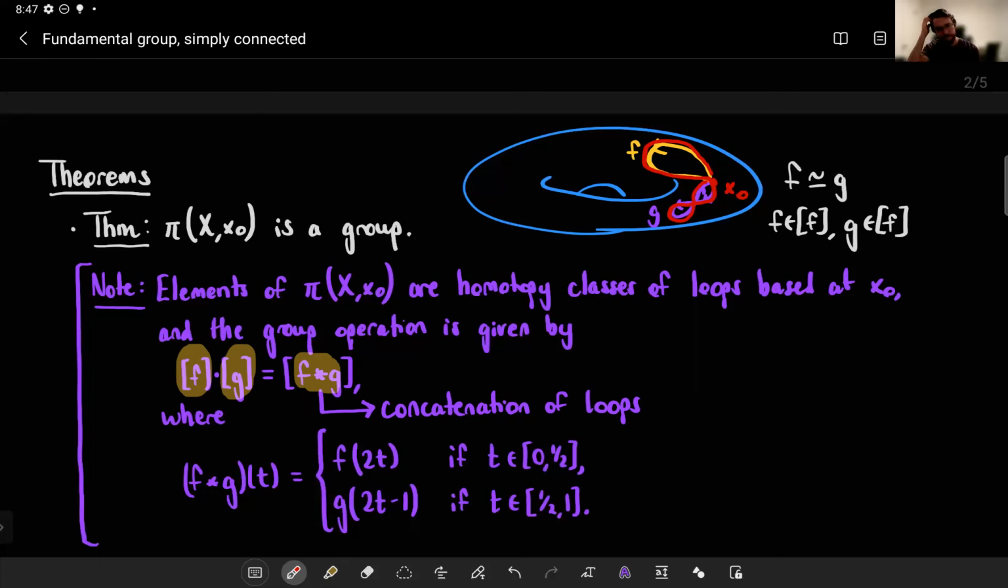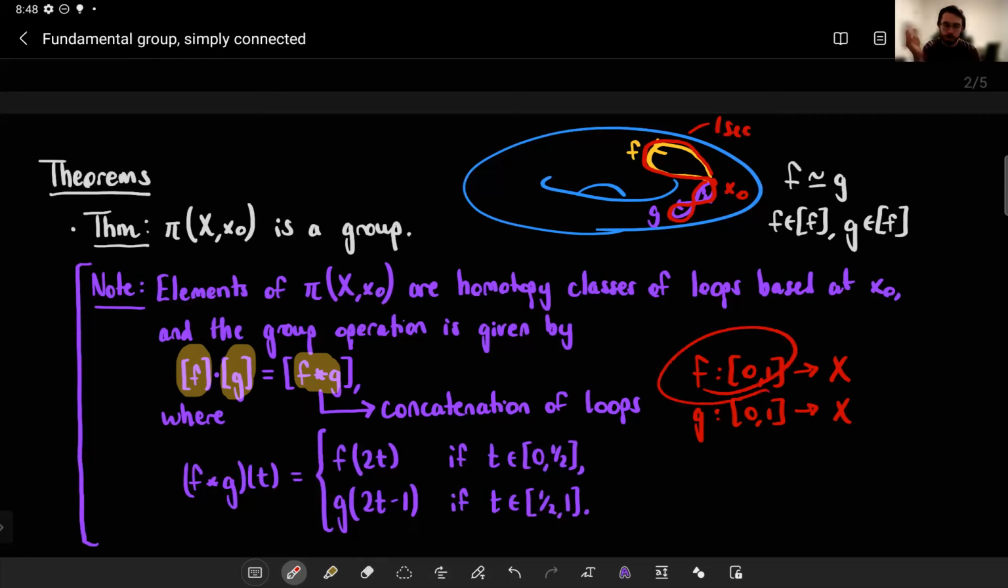But there's some stuff you have to untangle in the sense that really f was a path, so it's a map from the unit interval to your topological space, and g was as well. And you could think, well, it took me 1 second to traverse f, because we're thinking of the domain as time, so 0 to 1, maybe think of it as a second, whatever unit you like. And it would take me a second to traverse g.